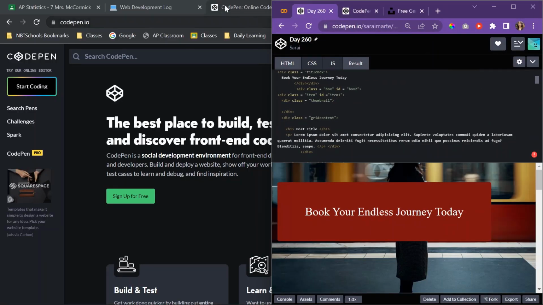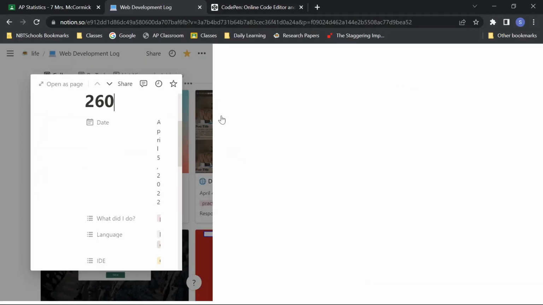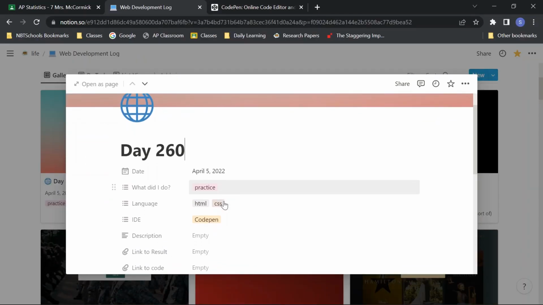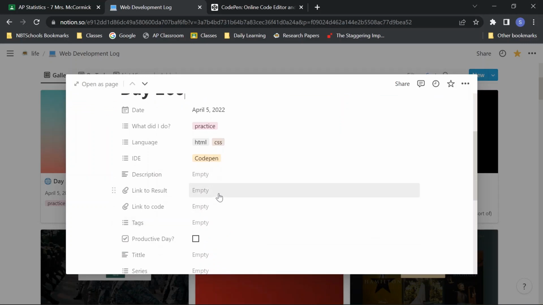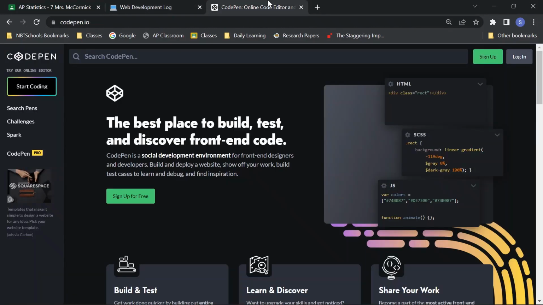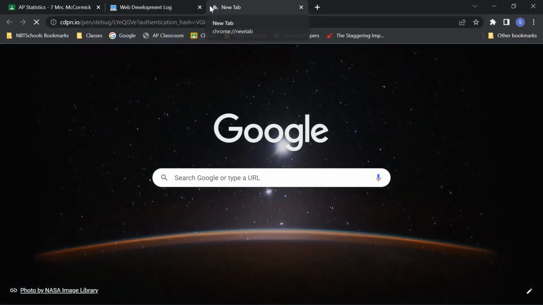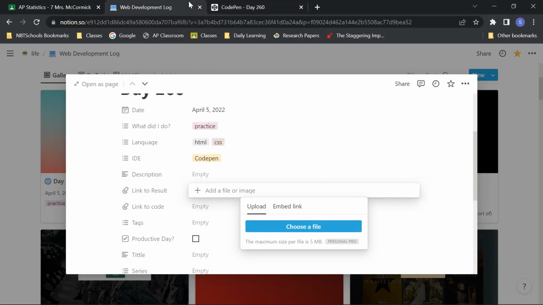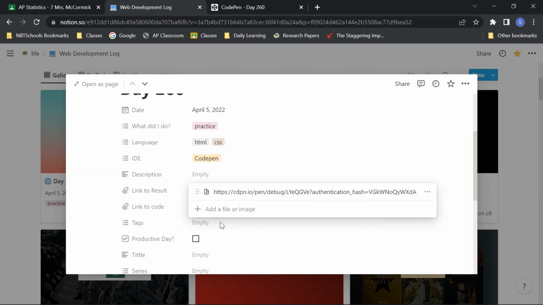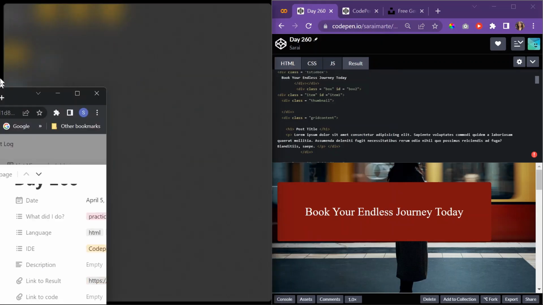What in the world do I do? I just want to sleep. I just want to sleep so bad. Wait, that was result or code? Oh, come on. Okay, that was the result, so. And then what's the code?